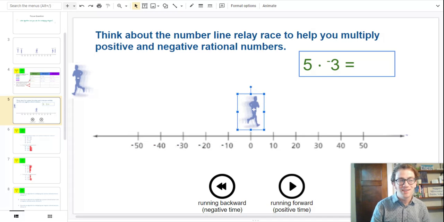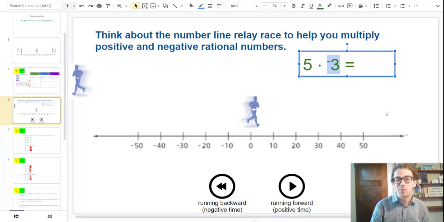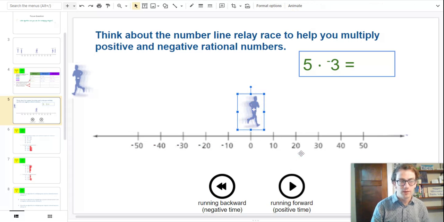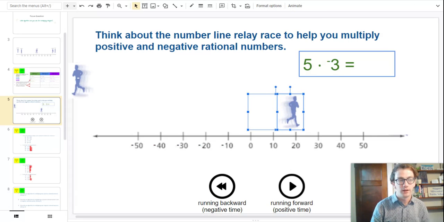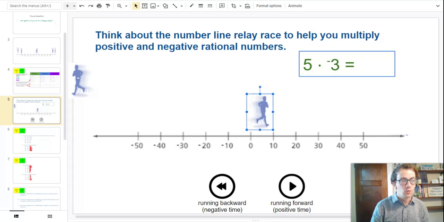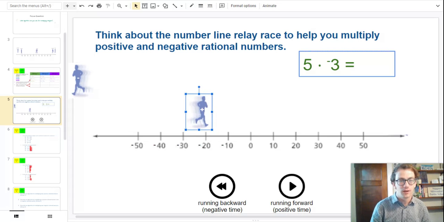All right, the second number, though, is going to tell me how many seconds the runner goes for. It says -3. When there's -3 seconds, we can think about that as pressing the rewind button. We're going to watch the instant replay, and we're going to actually see this runner go backwards, right? Because if we press play, they would be running forwards. However, we're pressing rewind, and we're going to watch him go backwards, running backwards.